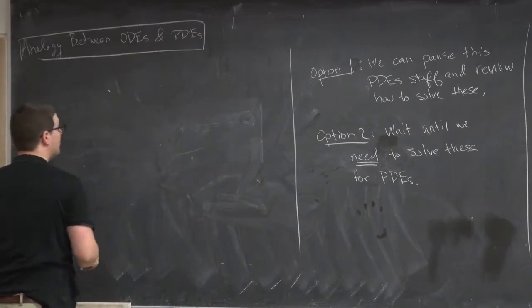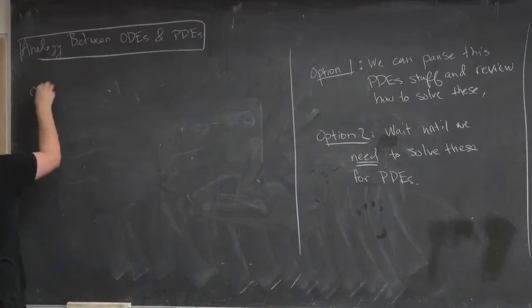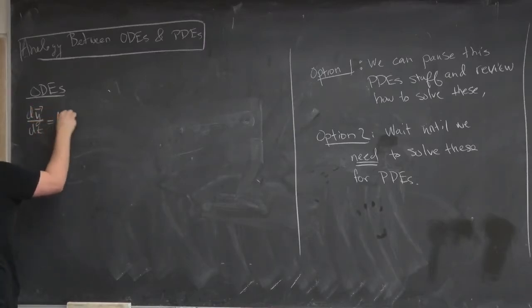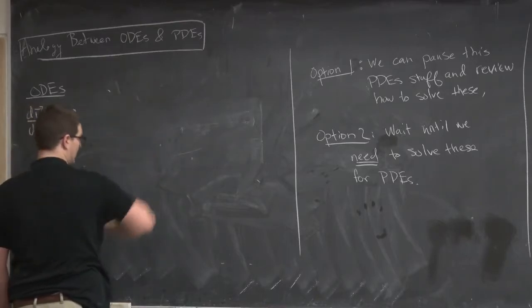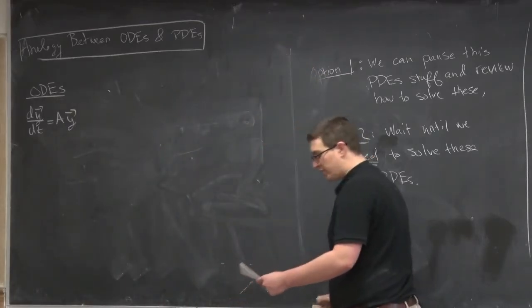Okay, so ODEs. We looked at things like dy/dt is equal to Ay. Let's see, maybe I'll need to create some space here. And what was the strategy?